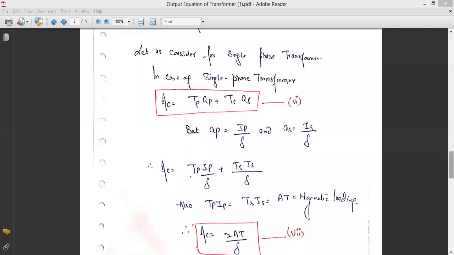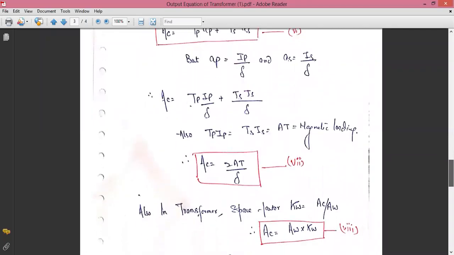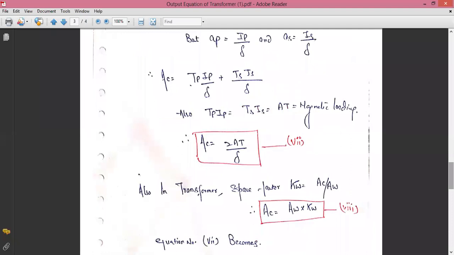Okay, fine. So you see equation number 7, Ac = 2 AT upon current density. In case of a transformer, you have a constant space factor, which is Kw = Ac upon Aw. So from this equation, Ac will come as Aw into Kw.